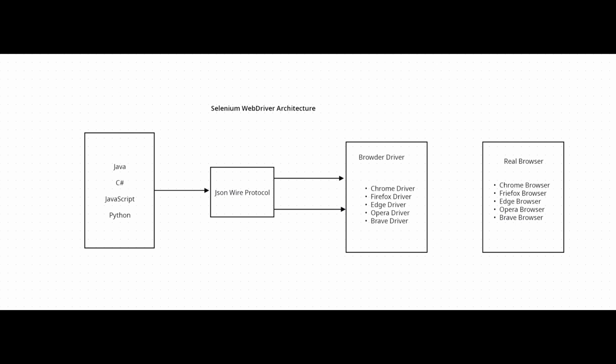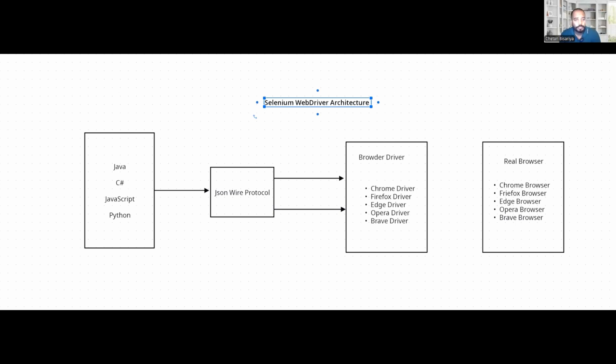Over here, I have created the Selenium WebDriver architecture. Now we have to understand how Selenium WebDriver works, right? Let's say you are writing your code in Java, C#, JavaScript, or Python. You might be using any language. This language interacts with the JSON wire protocol. And in Selenium WebDriver, we have the browser driver, where we have classes made upon this interface.